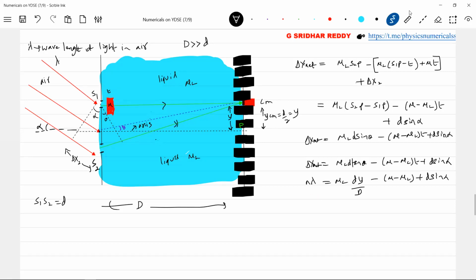Lambda is the wavelength of light in here. So let's go for the expression for y. y equals n lambda capital D by mu L small d plus (mu minus mu L) by mu L times capital D by small d, minus D sine alpha.